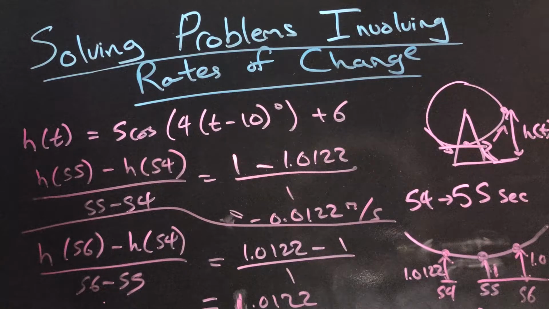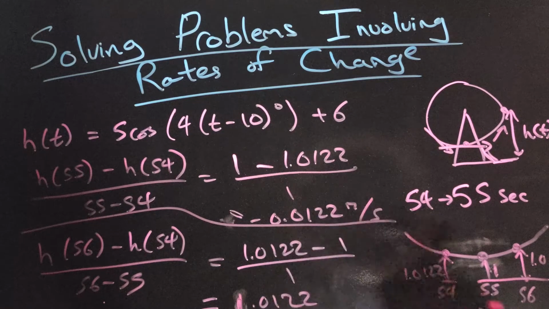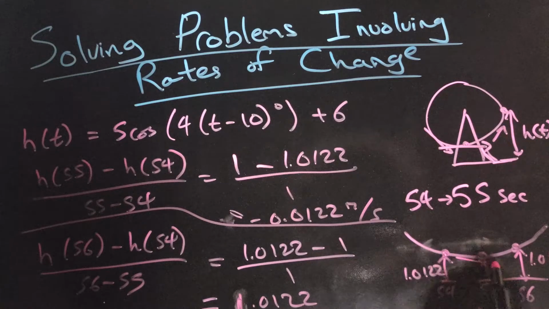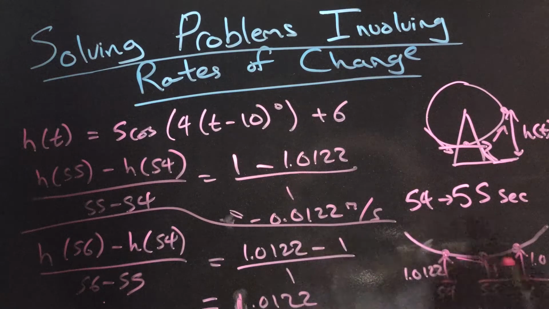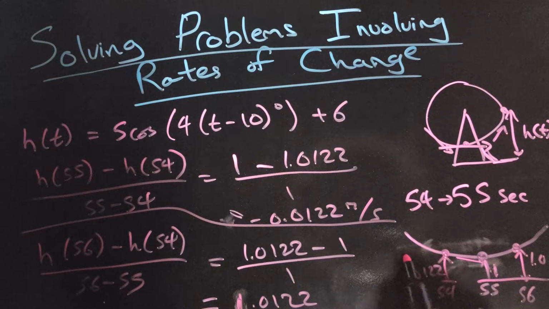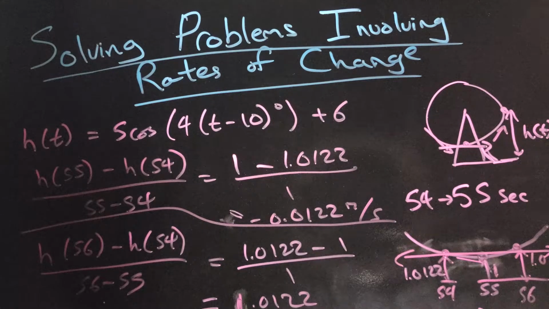So basically, the rate of change that we've seen from here to here is negative, and the rate of change from here to here is positive. But if we did a rate of change from here to here, you'd have 0.